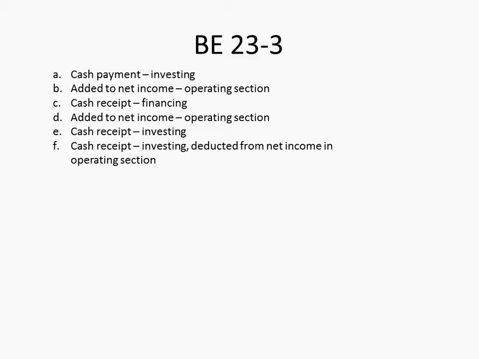And then what would go in investing? Not 40, the actual proceeds from the sale. I didn't give it to you. So if you sold an asset for $100 at a $40 loss, 100 goes in investing. Okay?